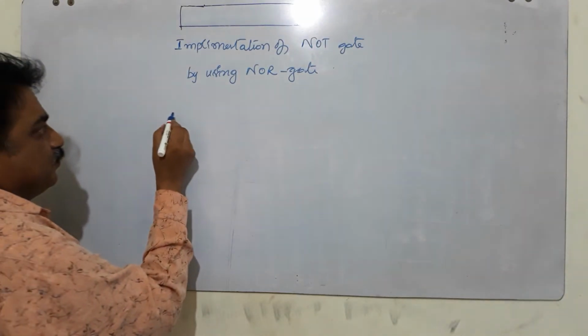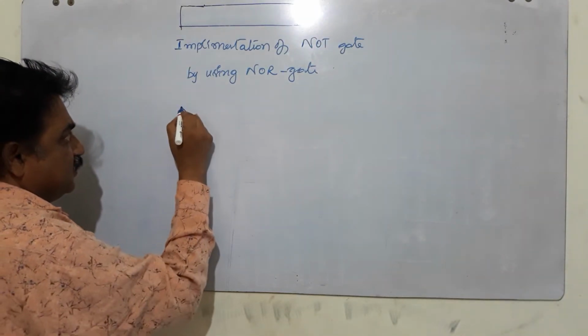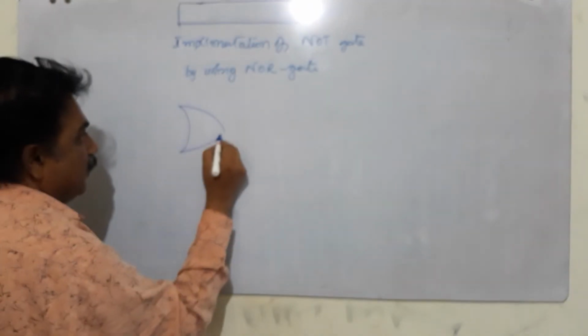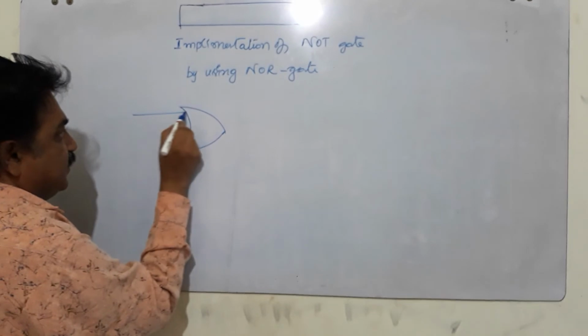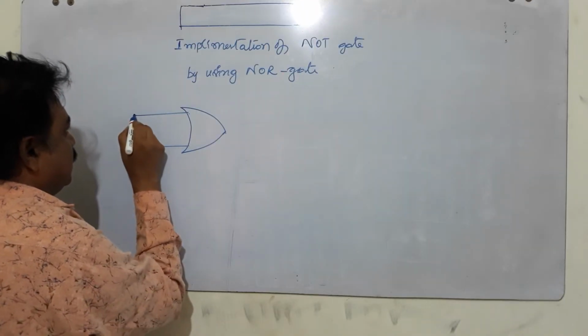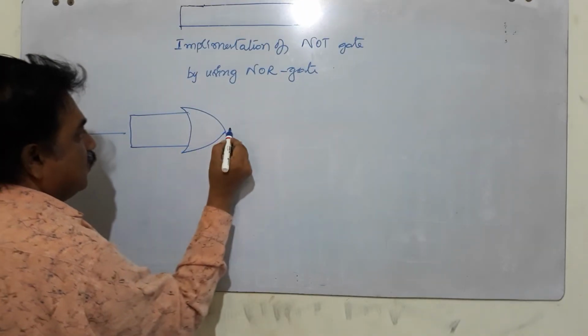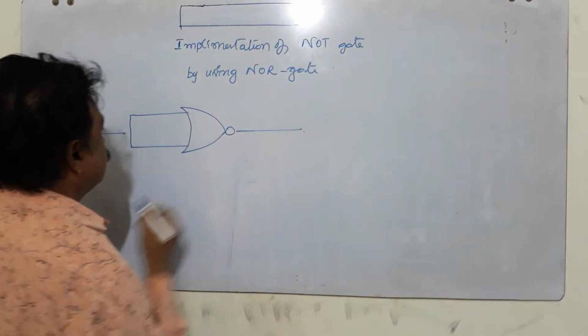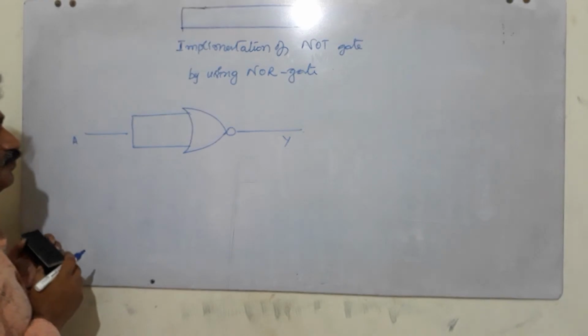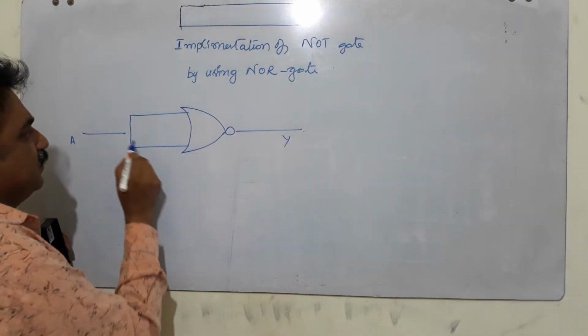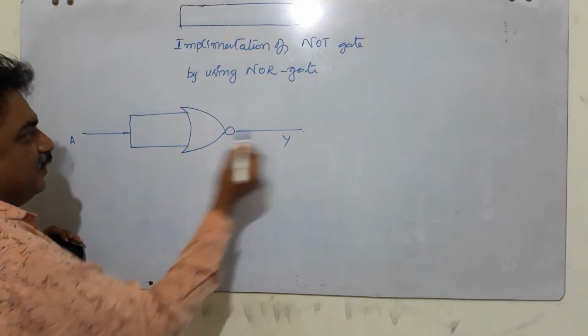See here, generally this is NOR gate. If a single input is given to this NOR gate, this is A, this is Y. This is just act like a NOT gate.